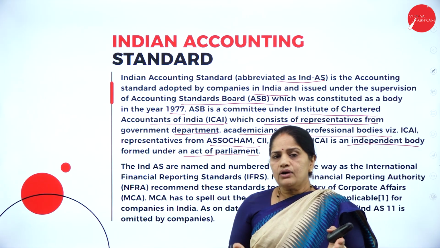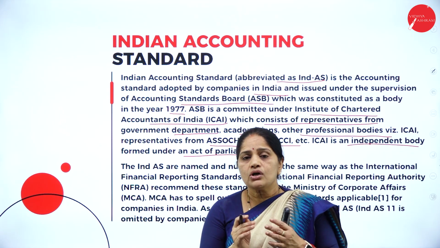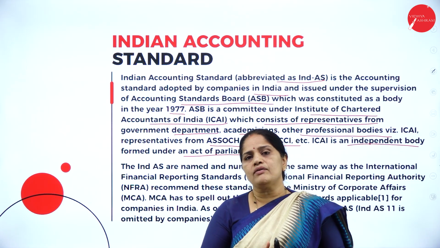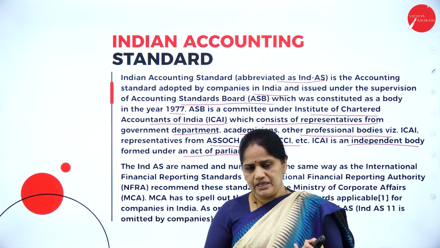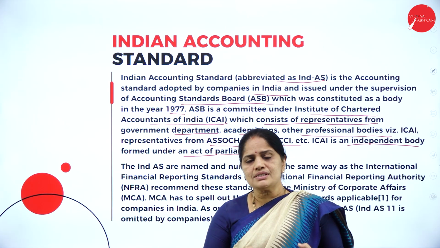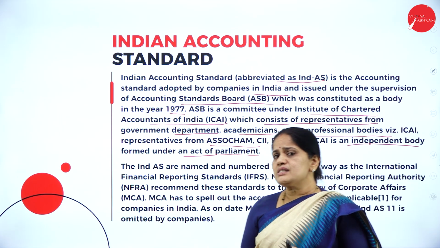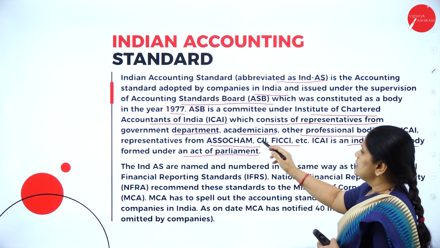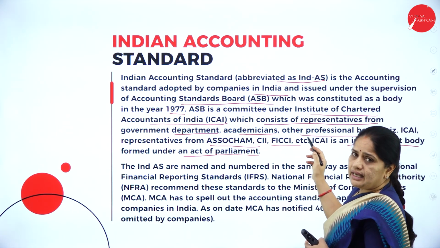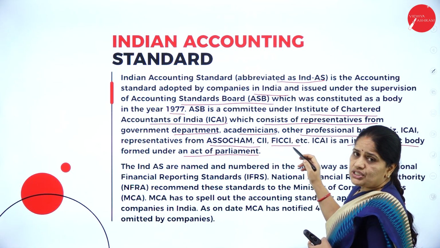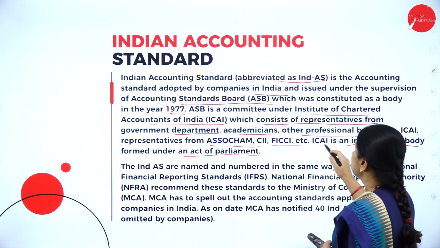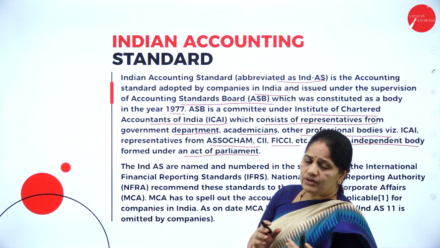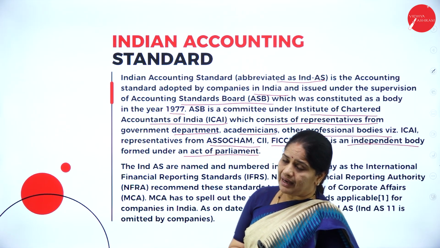So this Accounting Standards Board consists of representatives from various walks of life, like the government department, academicians, and also the various institutes like ASSOCHAM, CII, FICCI, Federation of the International Chamber of Commerce, then ICAI. So it is a separate organization formed under the Act of the Parliament.